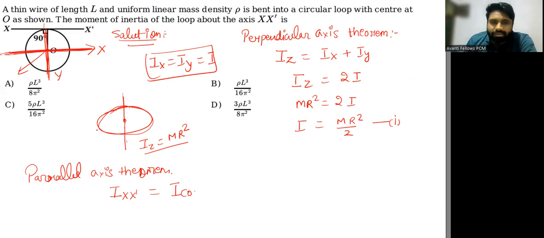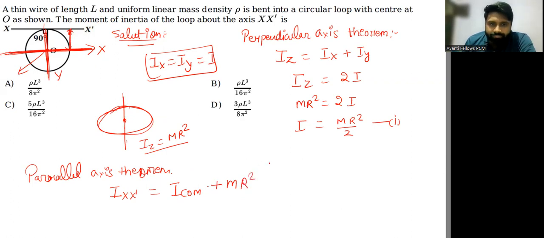We will take the diametral axis, I COM, which is nothing but I, plus mass, which is let's say m, and the perpendicular distance between these, which is nothing but r. Okay, we will consider the radius is r.